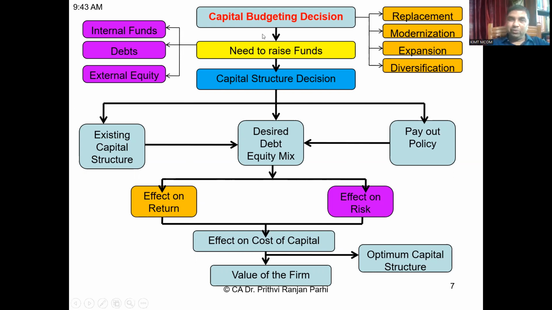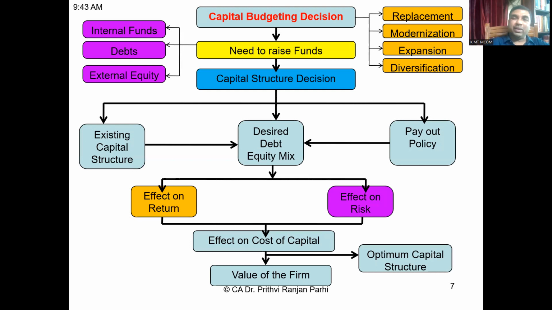And if you want to decide that money has to be raised, you have to take a decision regarding capital structure. You have to look at your existing capital structure, that means how much debt and how much equity we already have. And what is the desired debt equity mix? What should be the debt? What should be the equity? That also you have to decide.